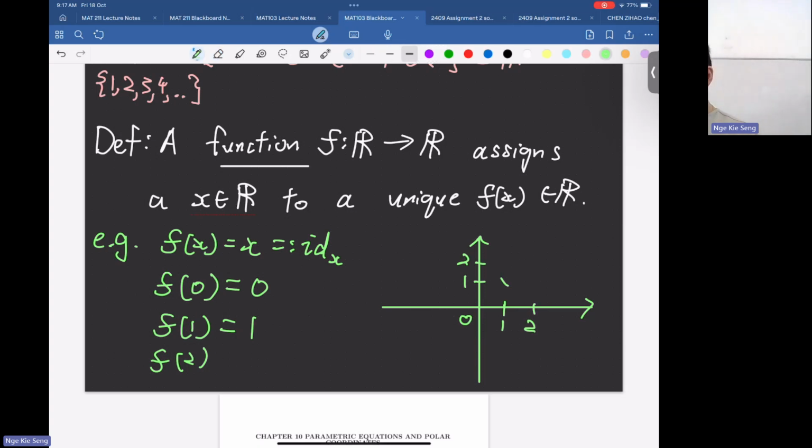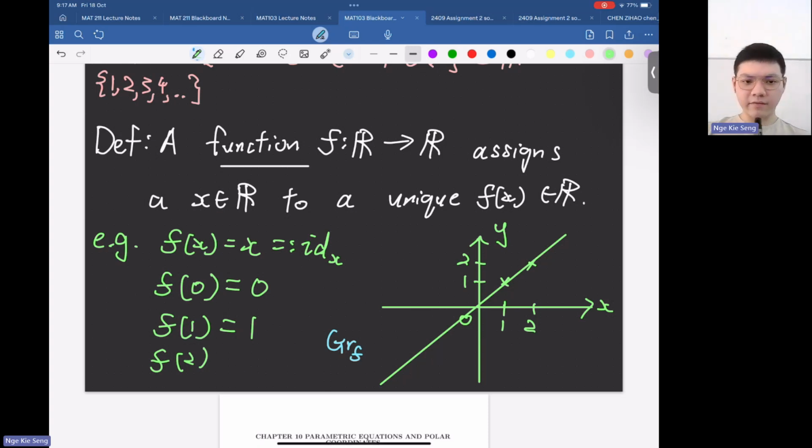If you join these points together, what you get is a straight line. But this straight line is not f itself. This is what we call the graph of f. So what you plot here actually is the graph of f, this whole thing here.